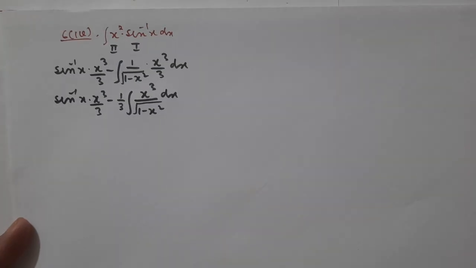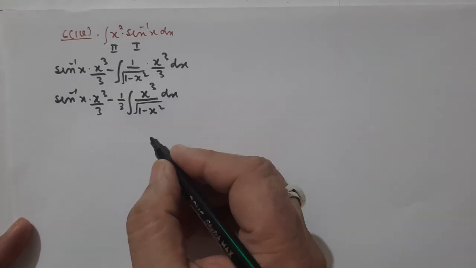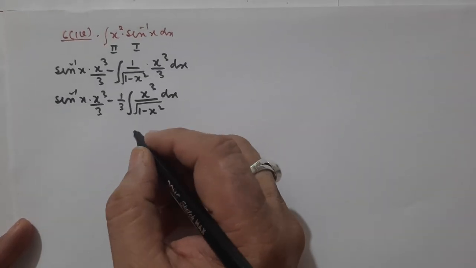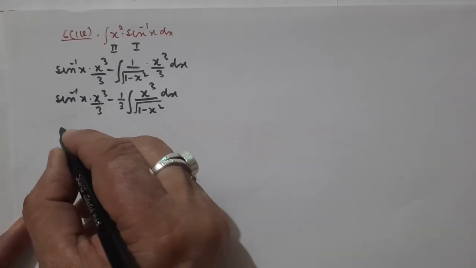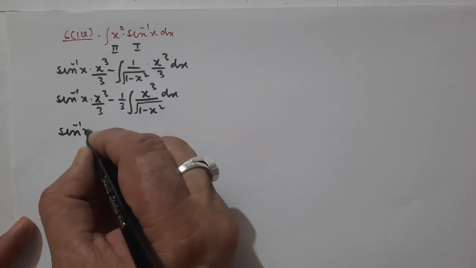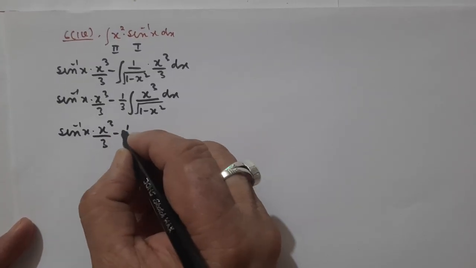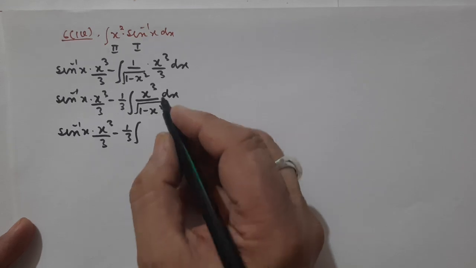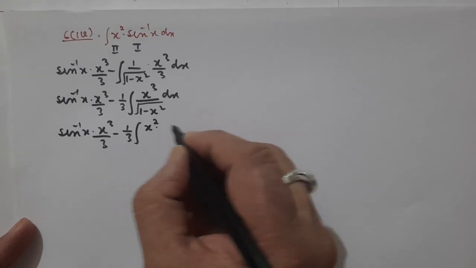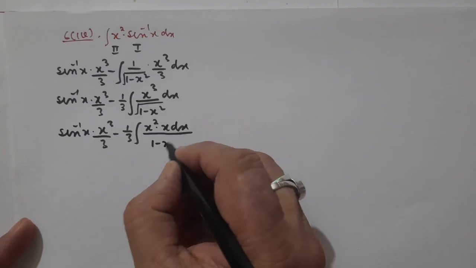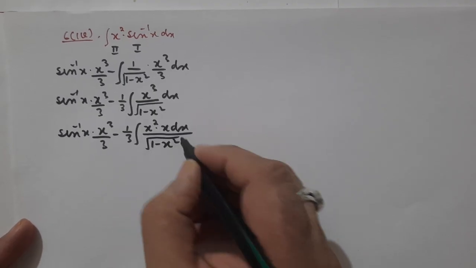Now students, let us see how to integrate this factor. First of all, we write it like this: sine inverse x into x cube upon 3 minus 1 upon 3, writing x cube as x square into x, dx upon under root 1 minus x square.